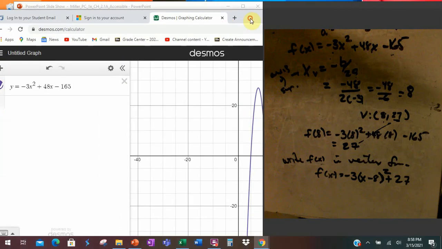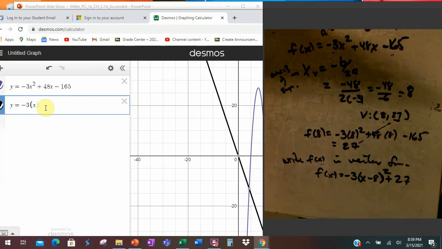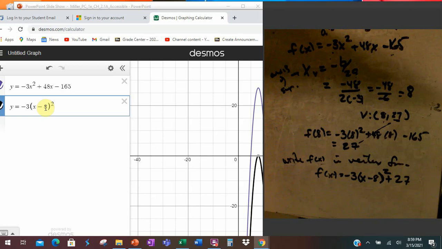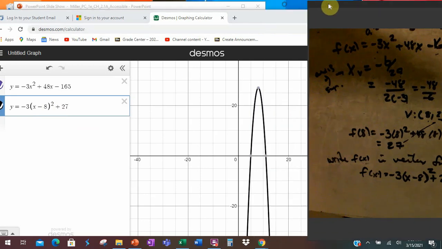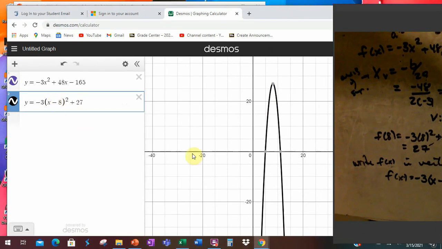We get it here, open down because that's negative 3. And then our new y is equal to negative 3 times (x minus 8) squared plus 27. If I slide this over, that gives us everything right there. 5, 0, 11, 0. Turn that off, I get this one. And that's the way these things are. The very same function with the same graph.